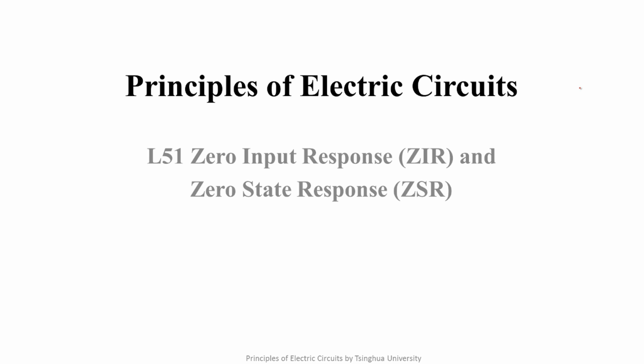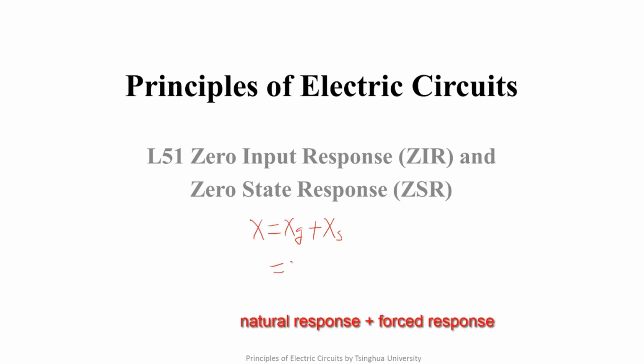In lecture 47, we introduced that the solution of any inhomogeneous linear ODE with constant coefficients can be expressed as a sum of general solution and special solution. In lecture 49, from the viewpoint of system, general solution and special solution can be represented as natural response and forced response respectively.